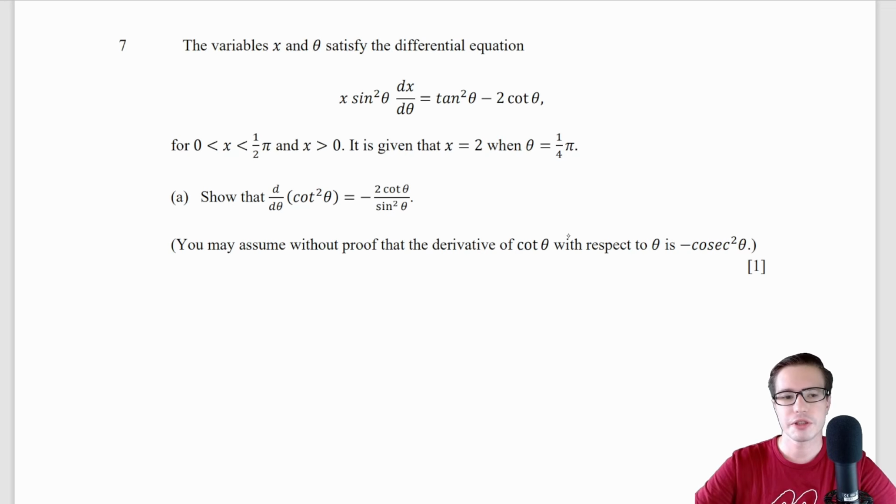Next one, differential equations, and for the first one, we'll only have to differentiate cotangent squared theta. For that, I'm going to use the chain rule. Derivative of the outside, 2 cotangent theta, times derivative of cotangent.